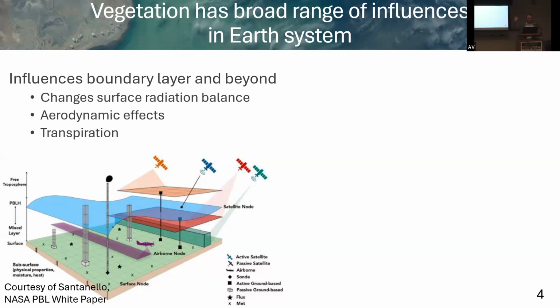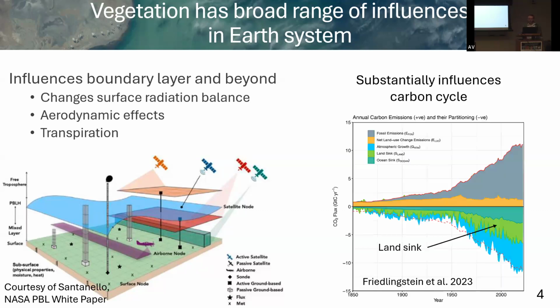Water coming out of the canopy, interception, can fuel convection. And of course, you're changing the radiation balance, albedo. So vegetation presence hugely impacts how the atmosphere influences the surface. If you're a land surface model and you're not thinking about vegetation, you're probably not doing a very good job, because it's a huge part of the process.